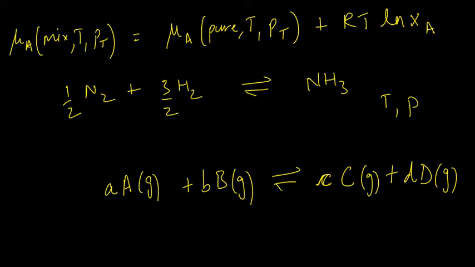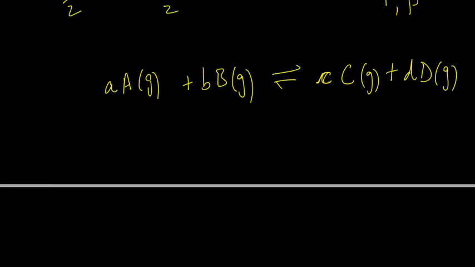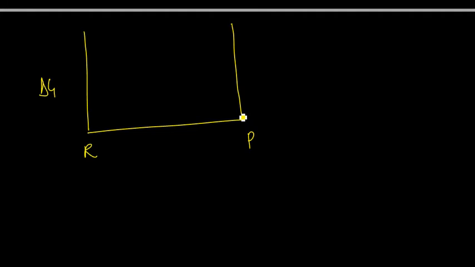So the first thing that I'll worry about is to see what is the change in the Gibbs free energy, and let's plot this. Let's say this is our delta G, and that's kind of an extent of reaction. This is all reactants, this is all products. And this is some coordinate which defines the extent of the reaction.